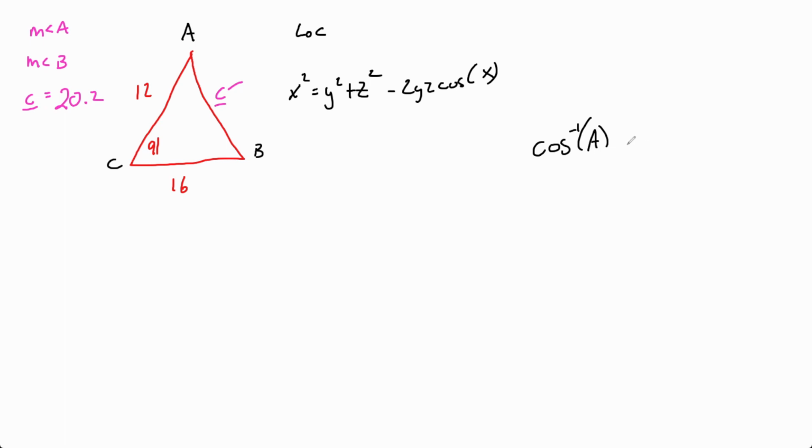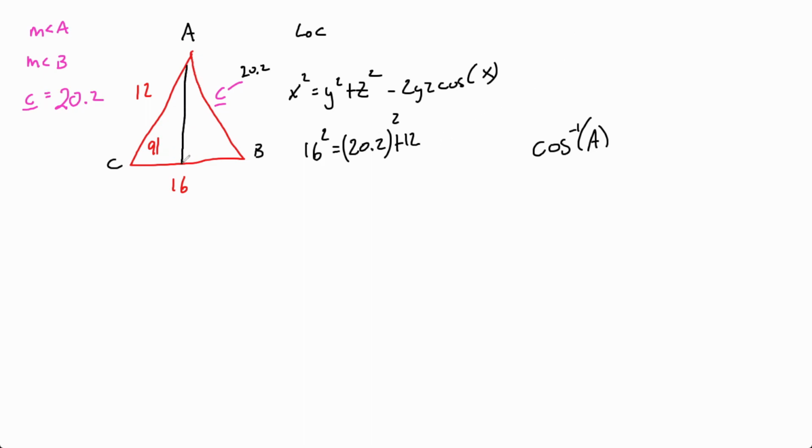So now if I wanted to find the measure of angle A, I have this as its opposite, so it's going to be 16 squared is equal to, and now I know this is 20.2. So my y is 20.2 squared plus the 12, right?